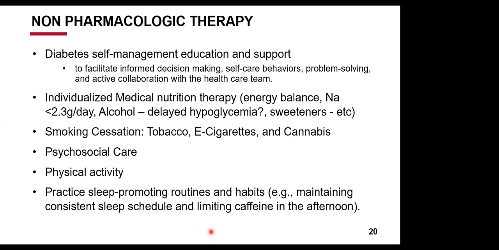It is important to avoid these in patients with diabetes. Then we need to help them stop smoking, either tobacco, e-cigarettes, or cannabis. They need to stop. And then psychosocial care is also important. Like I said, depression is very prevalent among these patients. So it is important that we do not ignore psychosocial care. Physical activity as well is recommended.